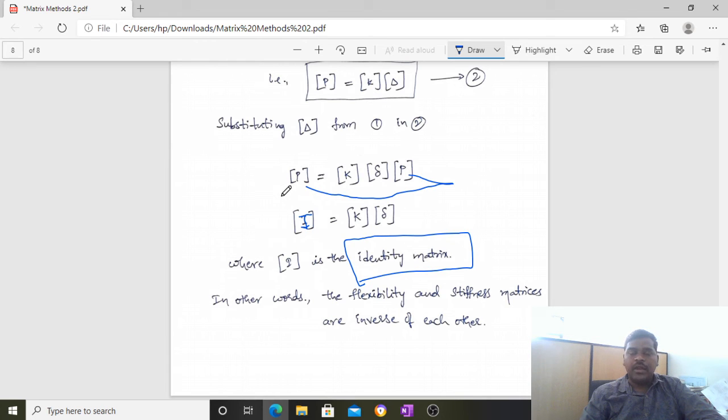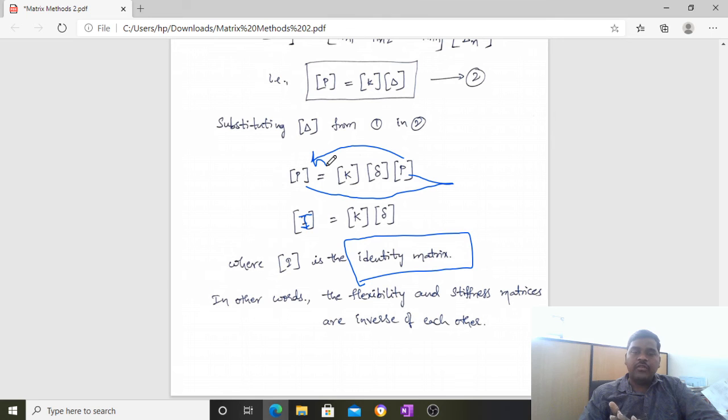This is not divided, delta by P, it is not similar to equations. All students must be aware of the basic matrix principles, that P inverse P will be an identity matrix, and K into delta, where I is the identity matrix.